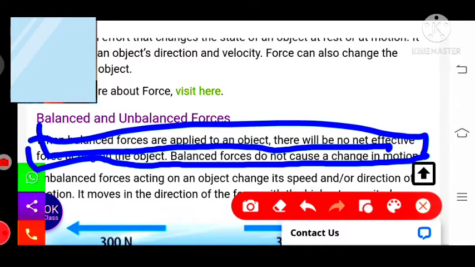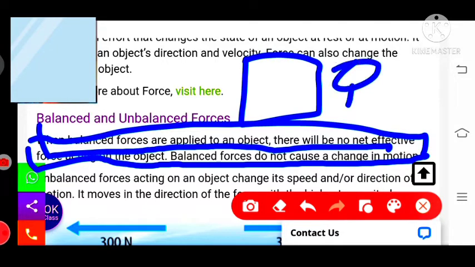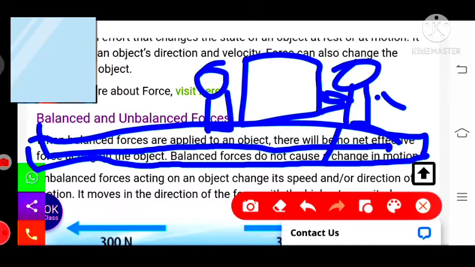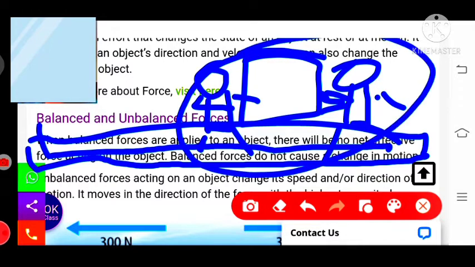So for example, if there is a box and you apply some force to that box, and at the opposite side your friend is standing and applies the same force to the box, then the box will not be displaced or change its state, because from both sides the same force or effort is applied.